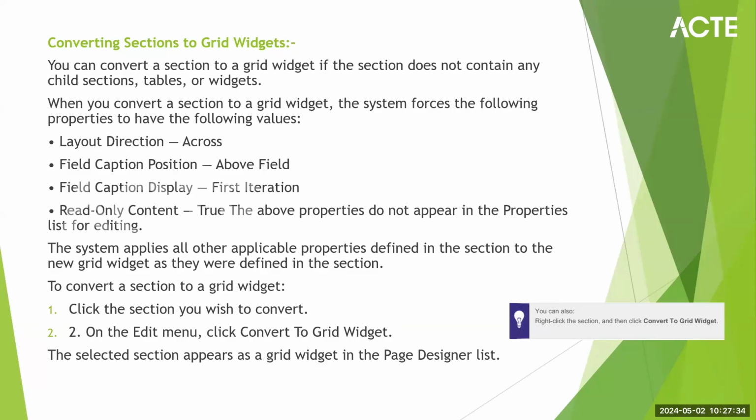When you convert the section to grid wizard, the system forces the following properties. What are those? Layout direction: across; field caption position: above field; field caption display: first iteration; read-only content. So these properties are applied while converting that section to a grid wizard.